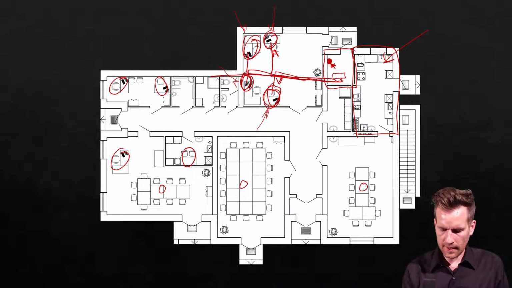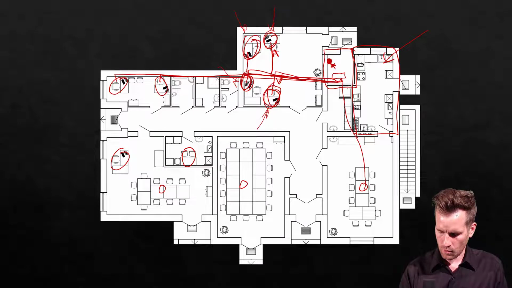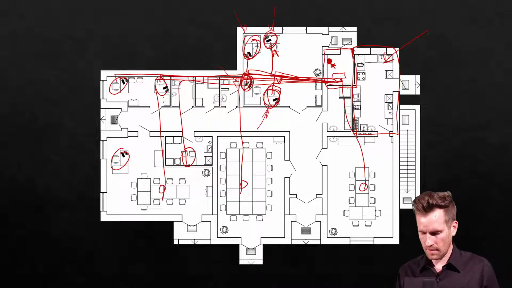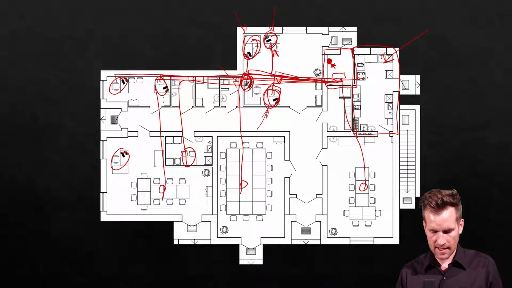So then I'm going to run 3 cables to this drop right here, another 3 cables to this drop. I'm going to run a cable to each one of my access points that are out here, another 3 cables to this drop right here, maybe 3 cables to my kitchenette there.